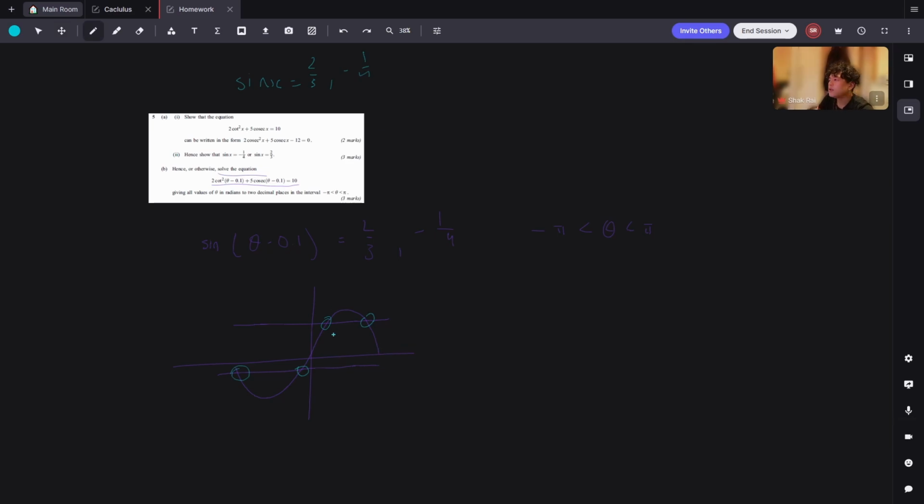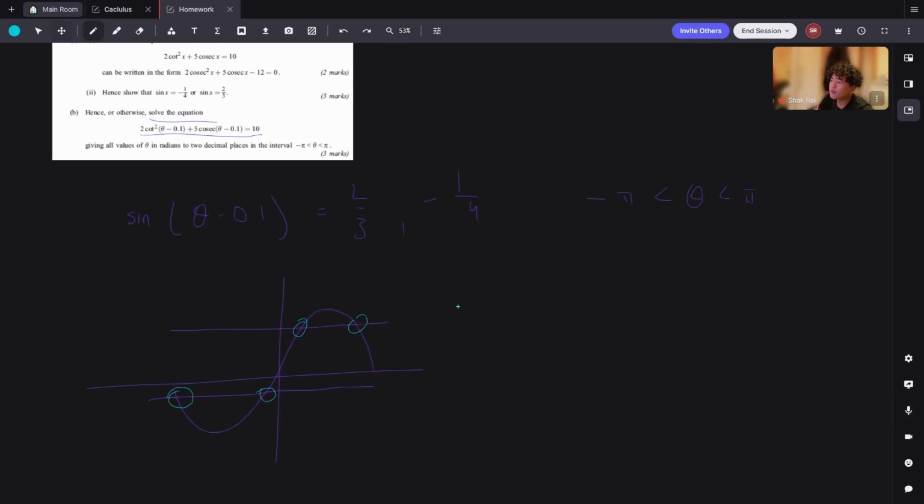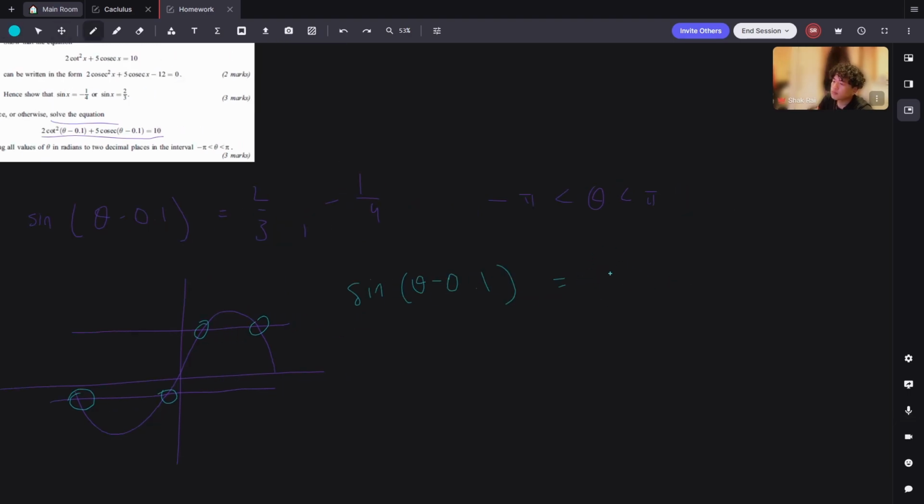Cool. So now that we do have that, we can just say sine(theta minus 0.1) equals 2/3. So theta minus 0.1 equals the inverse sine of 2 over 3, which gives me 0.72997.